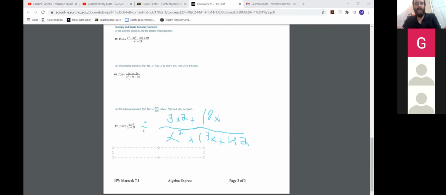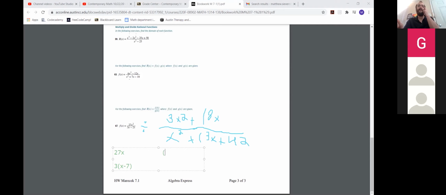Okay, so this is 27x squared, and then we're dividing this by what? 3x minus 21 is going to factor into 3 and an x minus 7. So we've already done this factoring. This is copy. This one I have to flip.